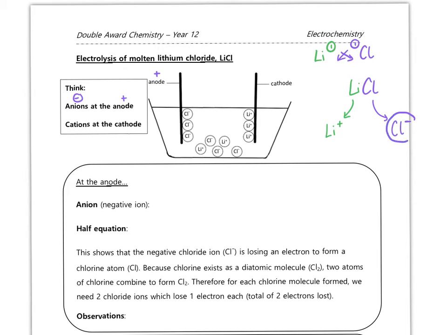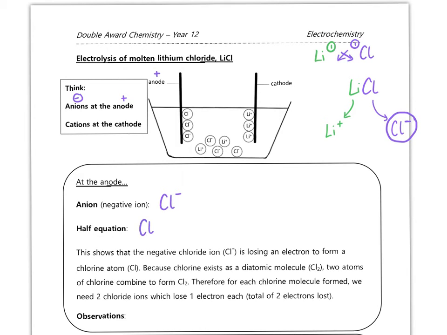Well, in this case, our anion are our chloride ions. They are negatively charged. Let's try and write a half equation for what happens to our chloride ions. Well, remember what is going to be happening. We want our ion to become an atom. So we want it to lose its negative charge and become an atom.